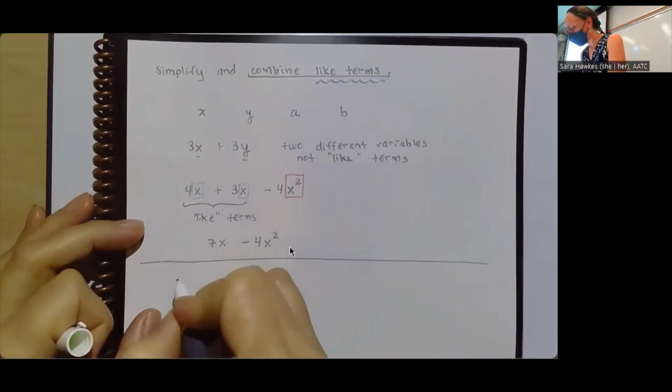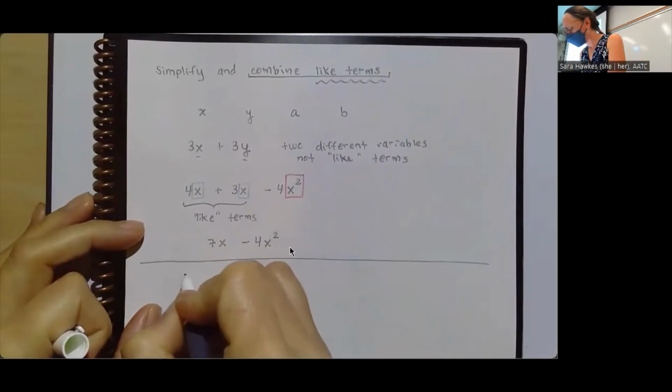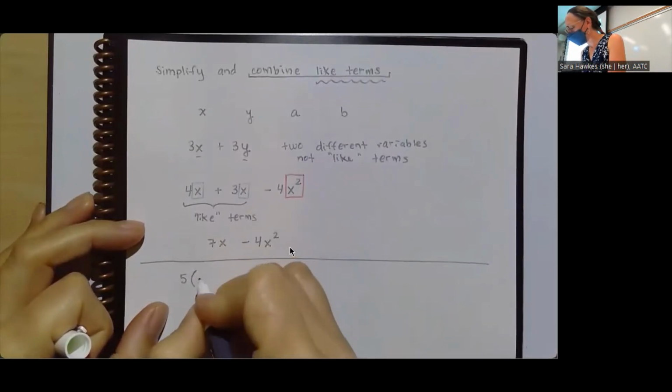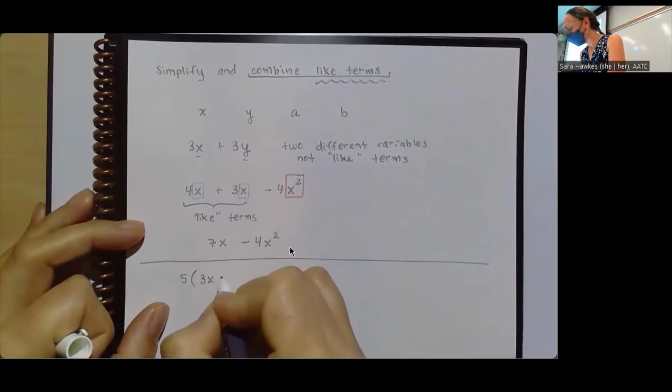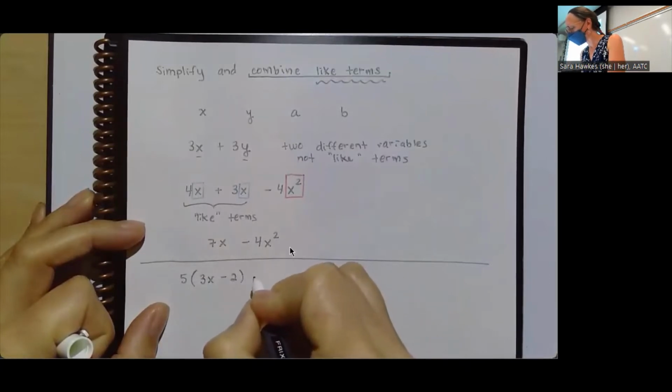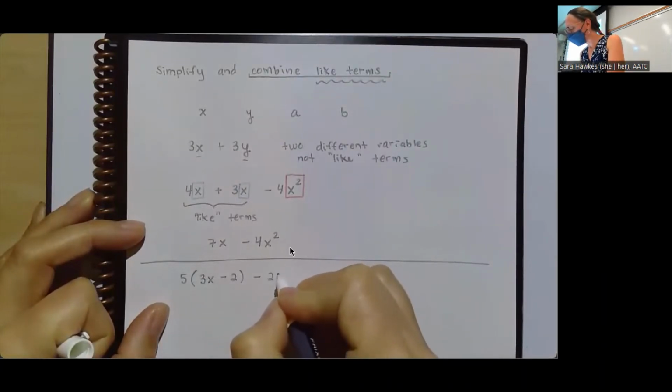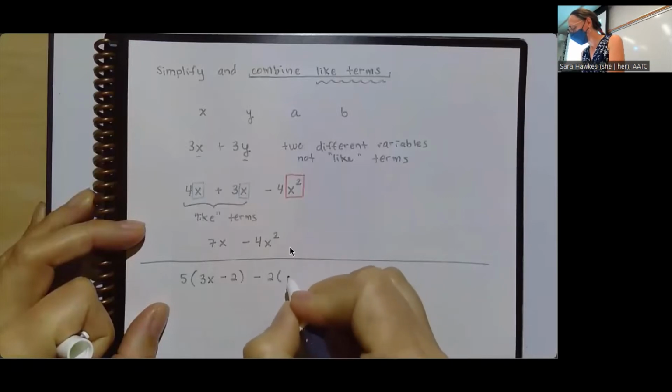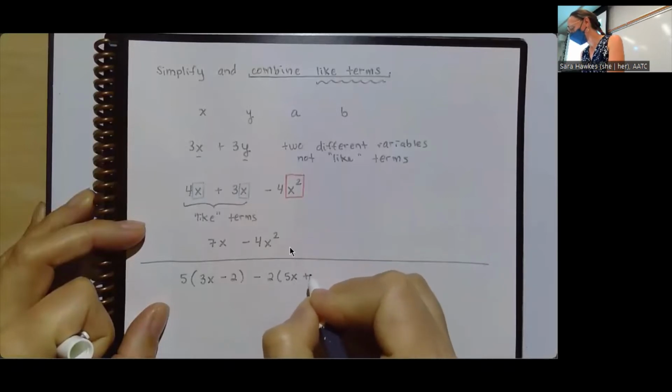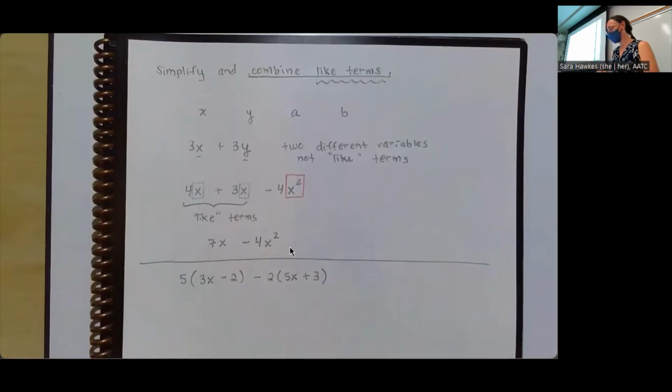But let's have 5 times 3x minus 2, minus 7 times 5x plus 3. I'm trying to give people time to write, because I know it takes a second to write the problem down.